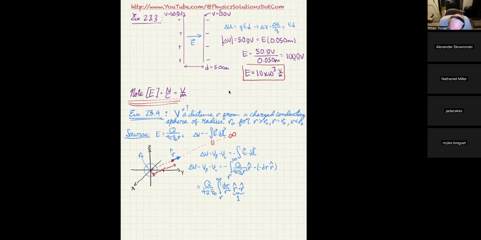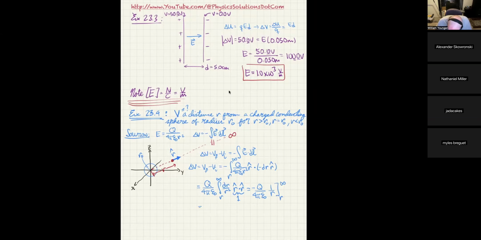So this is going to become negative q over 4 pi epsilon naught times, notice I put the negative out in front. That took care of the negative 1 over r being the integral. And now I have to evaluate this from r to infinity.